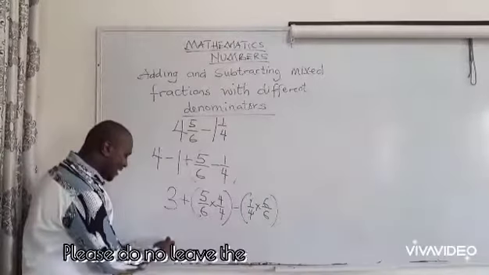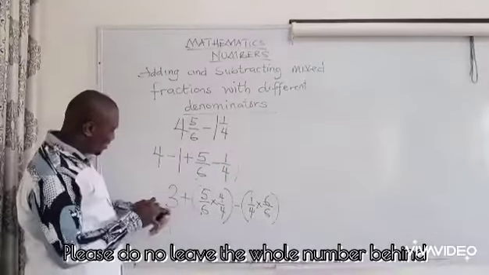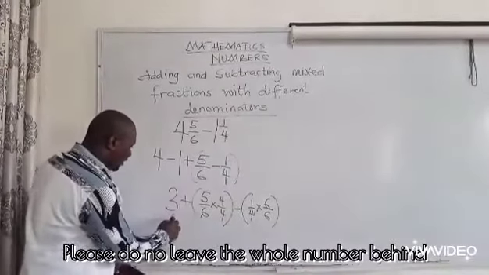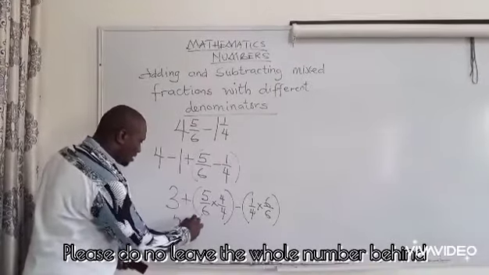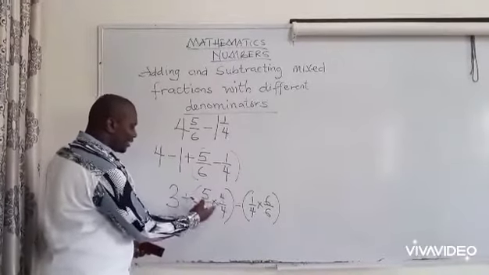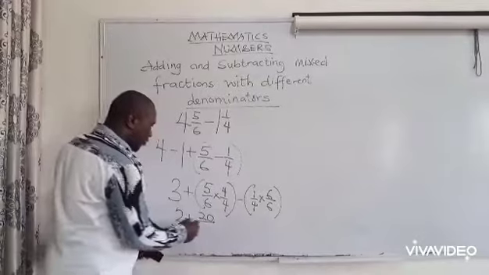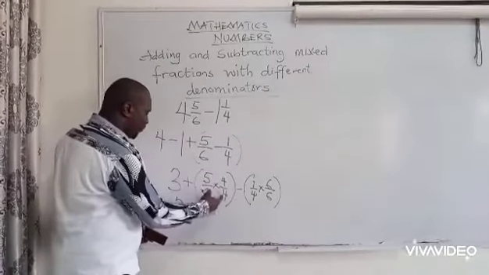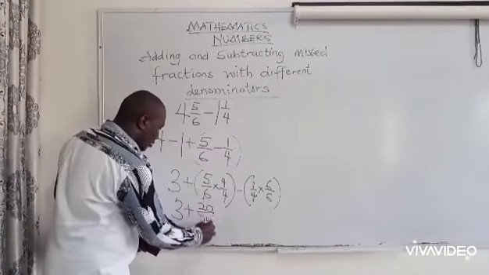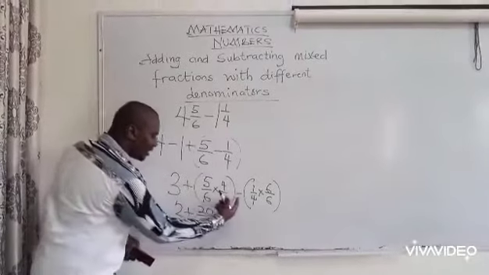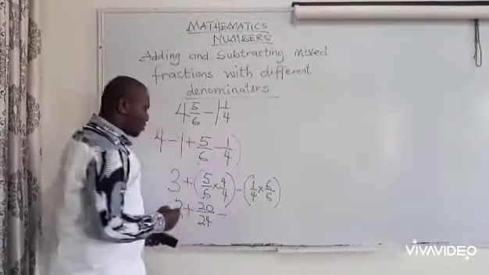Please don't forget your whole number. So we have 3 whole number plus 5 times 4, 20 out of 6 times 4, 24, minus.